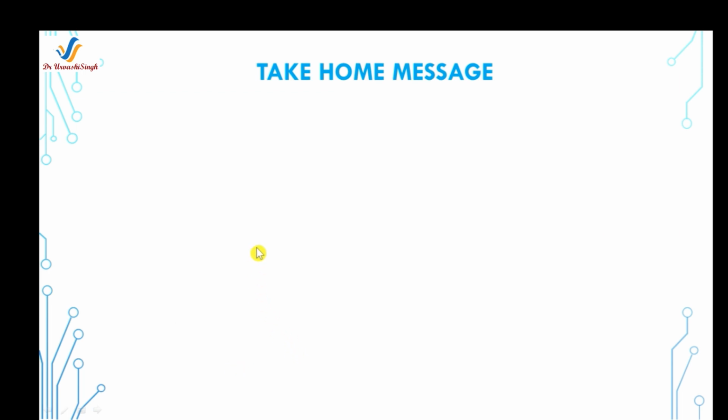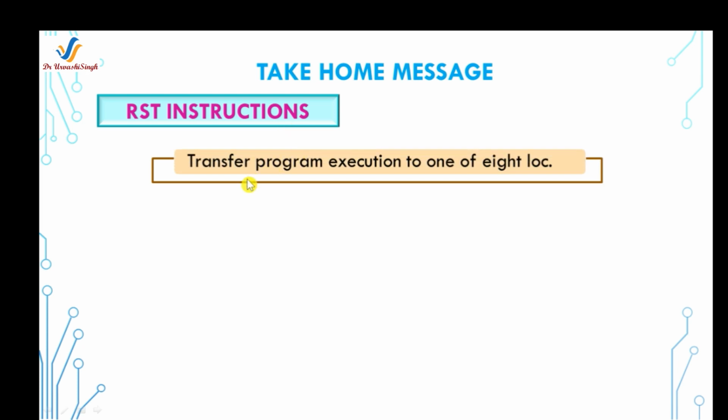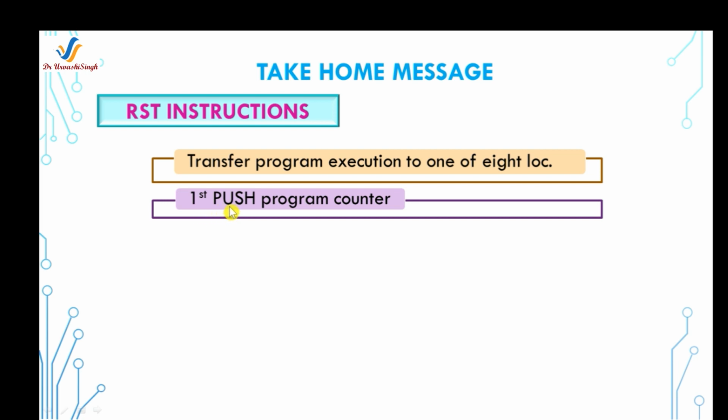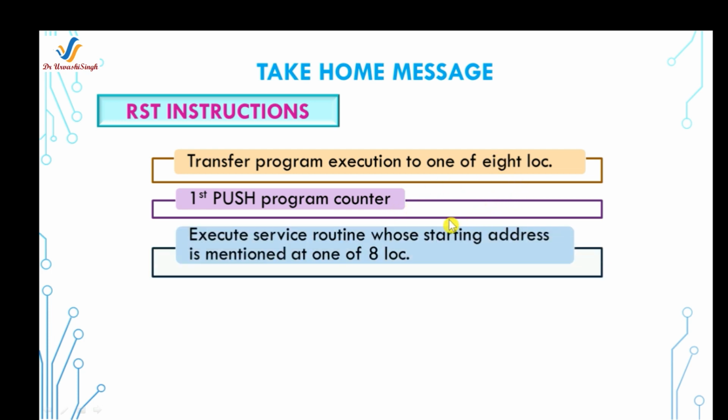And the last one is restart instructions. These instructions will transfer the program execution to one of the 8 locations of page 0, which means that every restart instruction is associated with one memory location where the address of the service routine is saved. And its process is the same as we have seen in the call instruction: it will first push the contents of the program counter on the stack and then load the program counter with one of the 8 locations of page 0.